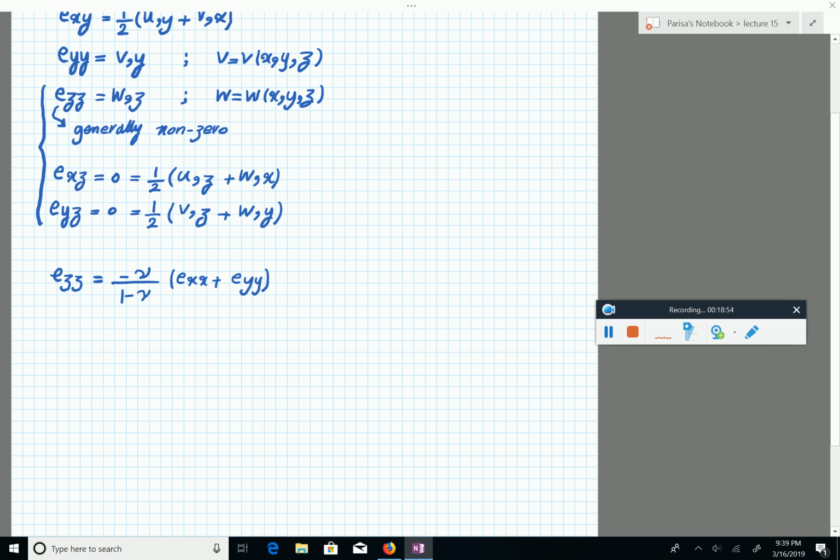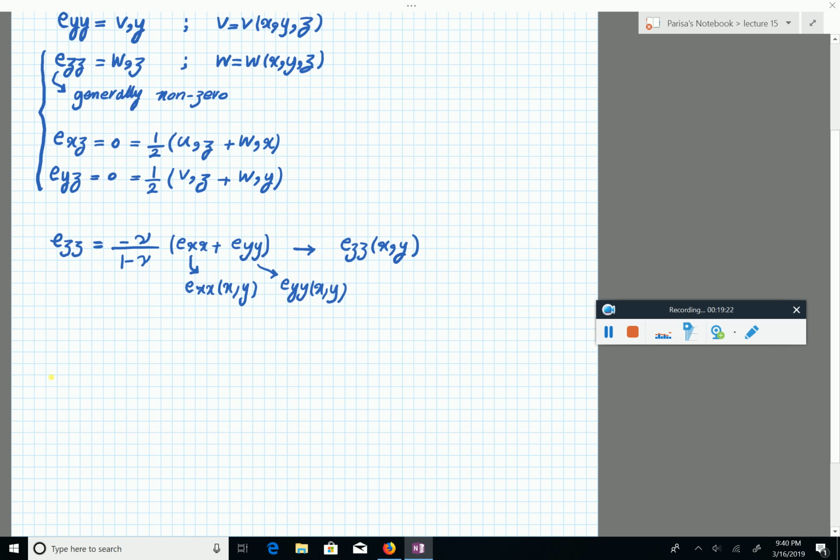And since Exx is only a function of x and y, and so is Eyy, it follows that Ezz will also only be a function of x and y, because you can write it in terms of them.